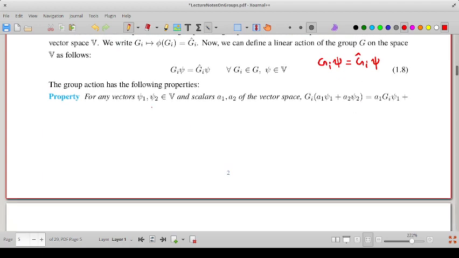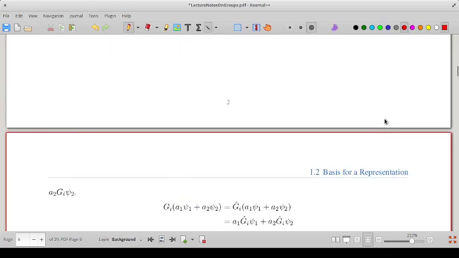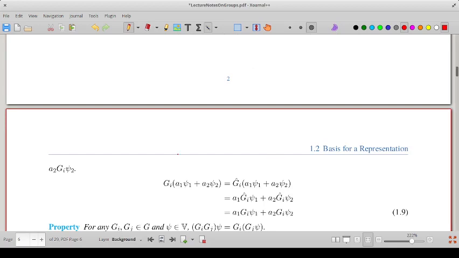The first one is that given any vectors psi1 and psi2 of the vector space and a1 and a2 of the field of the vector space, then the linear action of Gi on the linear combination a1 psi1 plus a2 psi2 is equal to a1 times the action of Gi on psi1 plus a2 times the action of Gi on psi2.